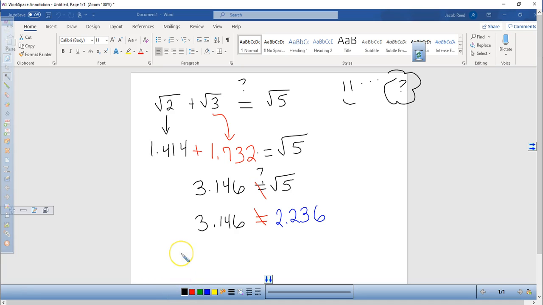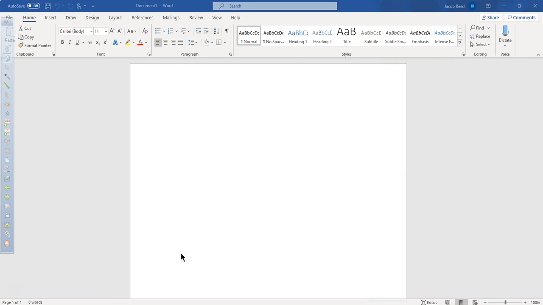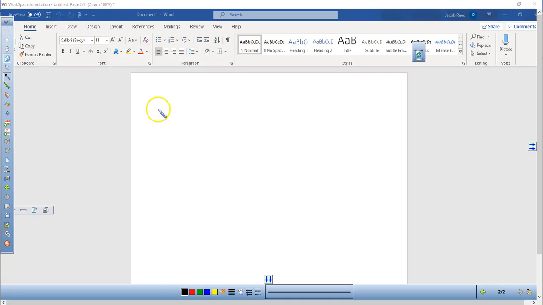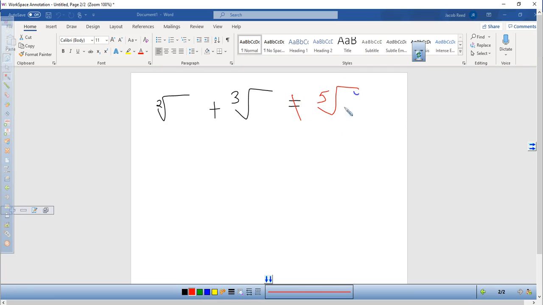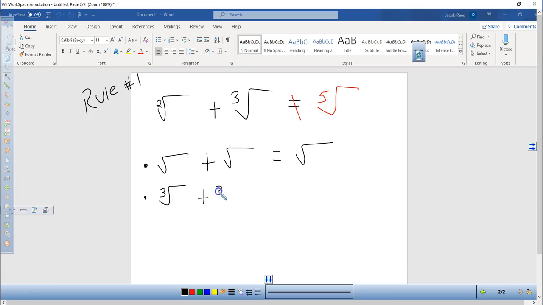Okay, there's a few rules that we're going to talk about. The first rule being you cannot do a square root plus a cube root. Remember, this is like a little 2. That does not make a fifth root. So this is rule 1. The real thing is you have to have a square root plus a square root is another square root, or a cube root plus a cube root is another cube root.